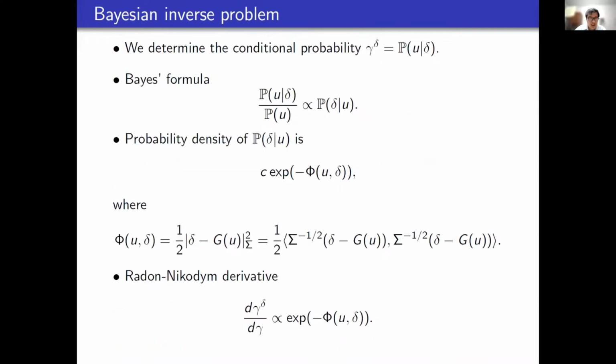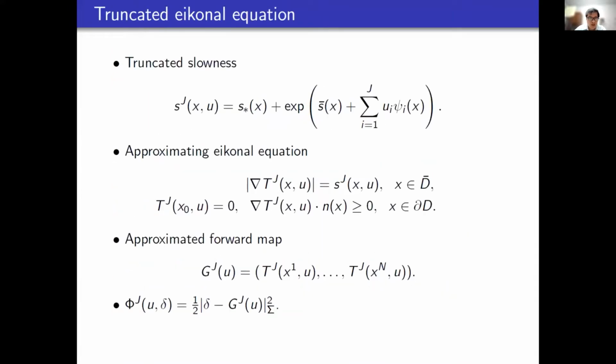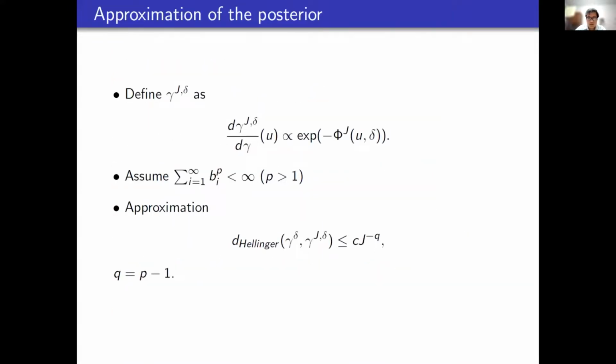We can show that then the Hellinger distance between the posterior gamma delta and gamma_J delta is bounded by what we have on the right-hand side. So this q here is just p minus 1, and here we obviously suppose that p is more than 1.